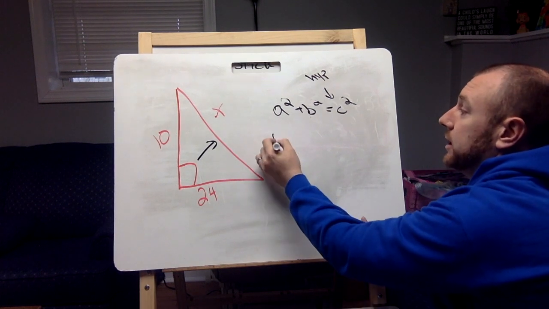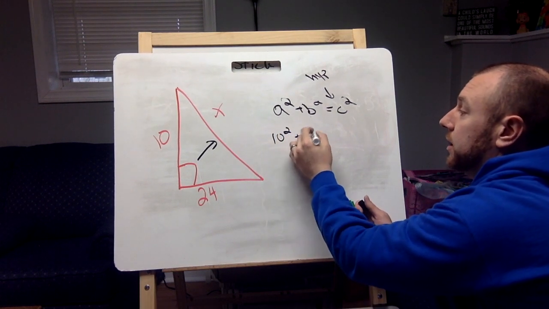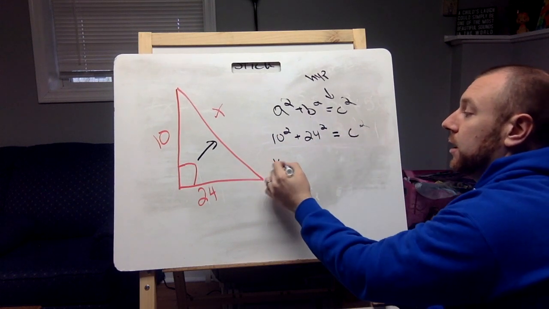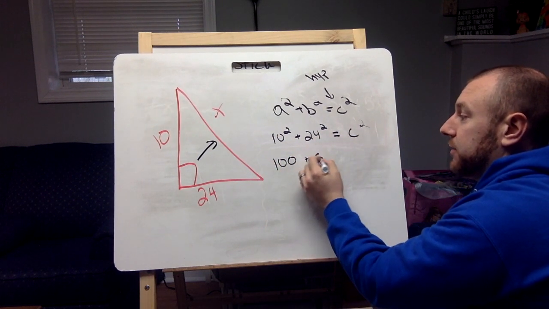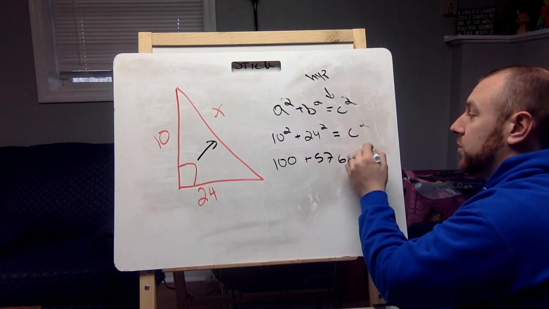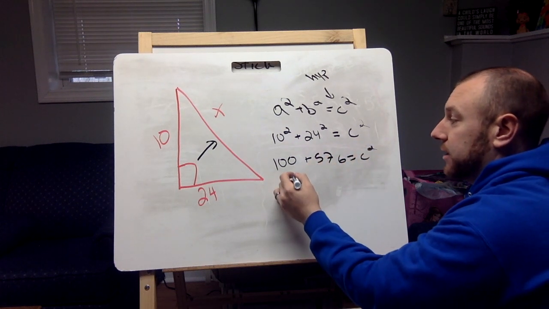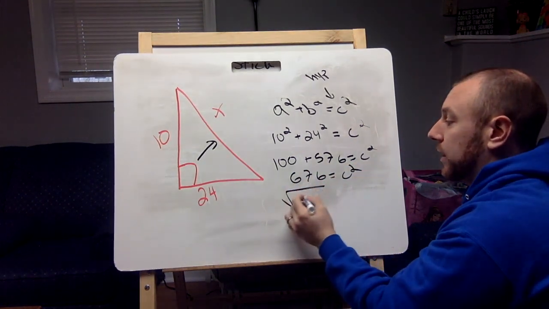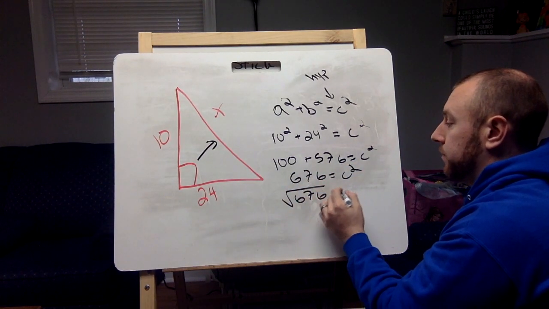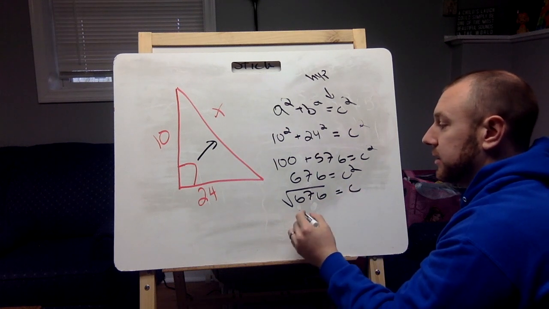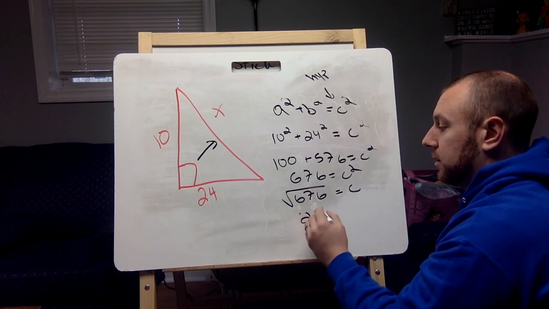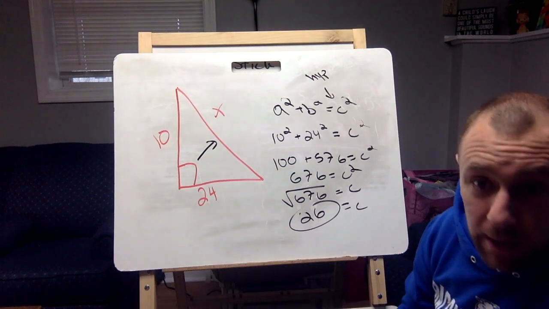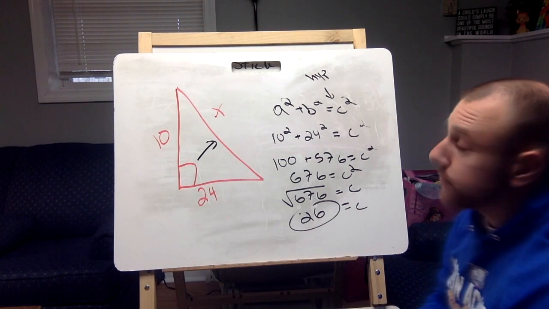So in this case, it's 10 squared plus 24 squared equals c squared. 100 plus 576 equals c squared. I add these together, I take the square root, and that is 26. So that is my value for C.